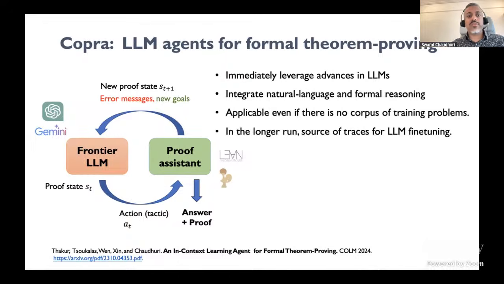So for example, if you take a step predicted by the LLM and then you find that this is actually an invalid step, you're going to get that feedback right away from the proof assistant. And you can take that feedback and stick it back into the prompt of the LLM, and then ask it to continue, and then hopefully it'll learn from its mistake and carry on, right?